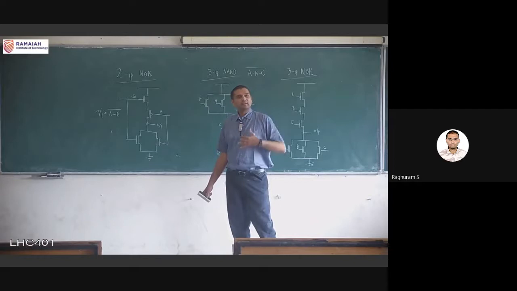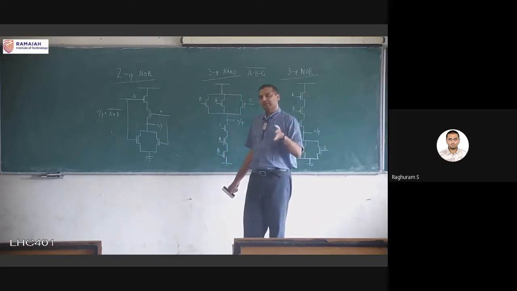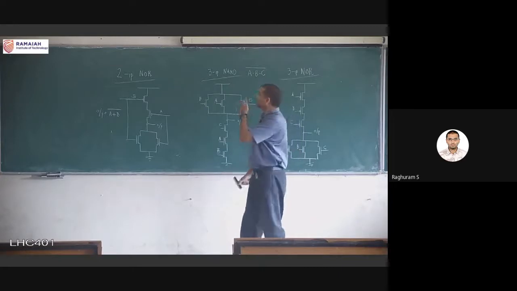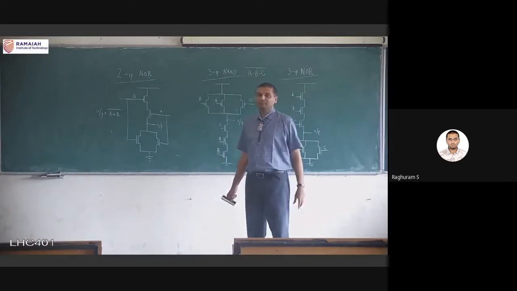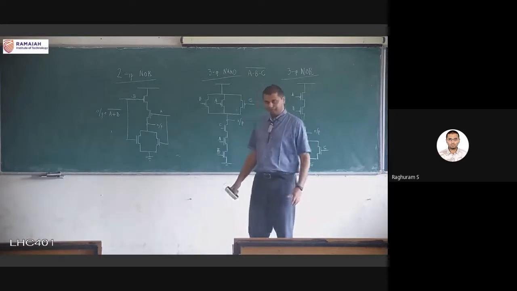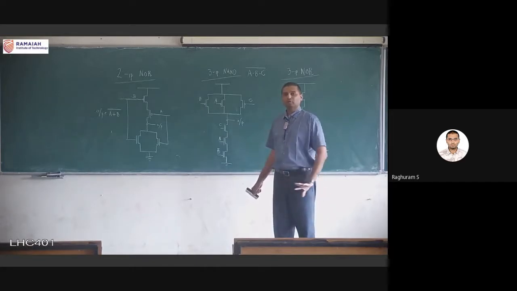Using that, we can implement any design. The standard cell library will have at most a 4 input NAND and a 4 input NOR. You cannot find a 5 input NAND or NOR gate. That is something we will prove to ourselves when we come to the 4th unit.